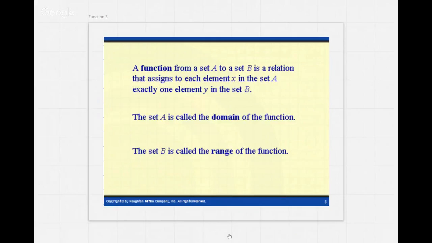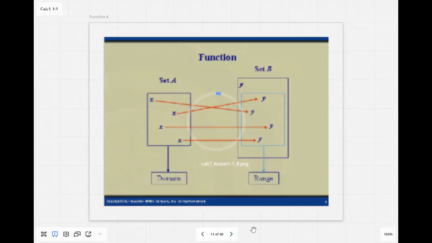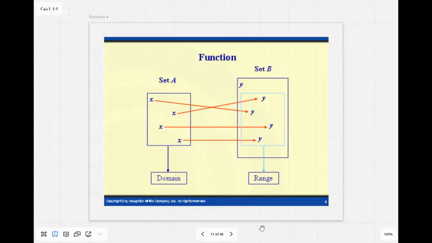So the x's are the domain, the y's are the range, and we're going to take a look at an example. Set A is your x values, your domain. Set B is your y values. The important thing here is that each x must go to only one y, like you see here.